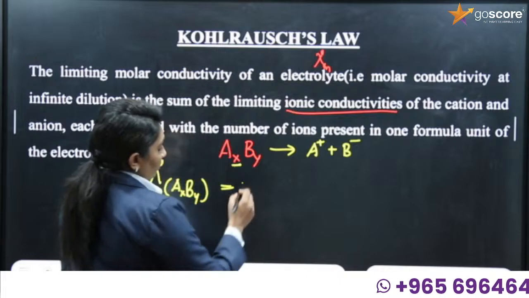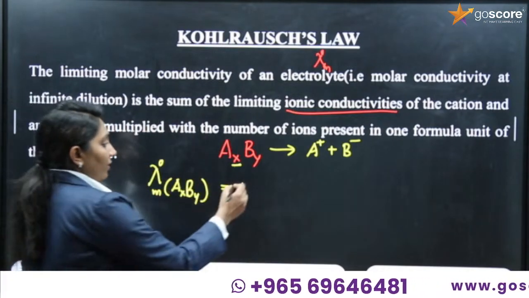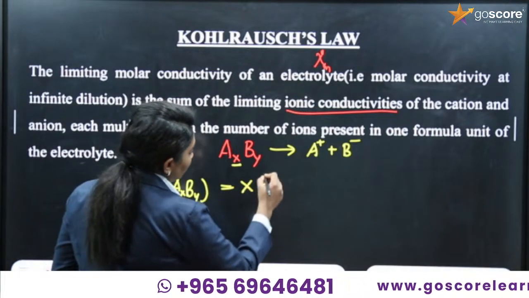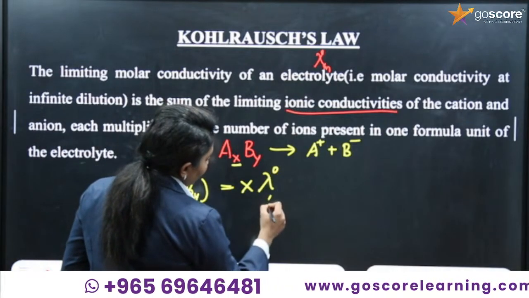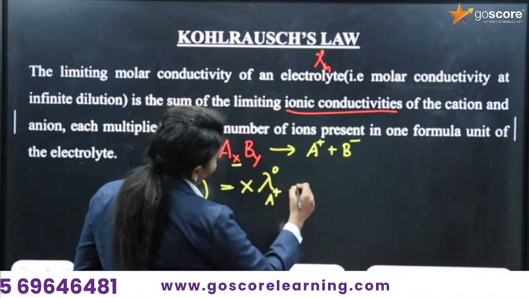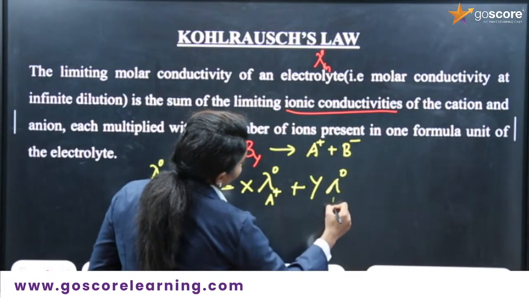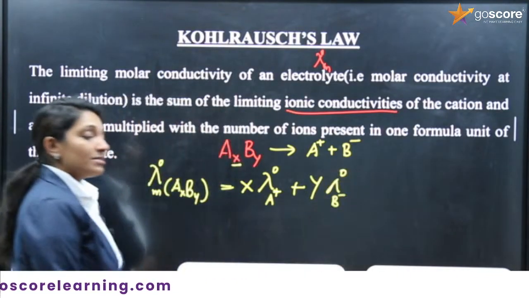According to this law, the limiting molar conductivity of AxBy is nothing but x into the limiting molar conductivity of the A plus ion plus y into the limiting molar conductivity of the B minus ion.